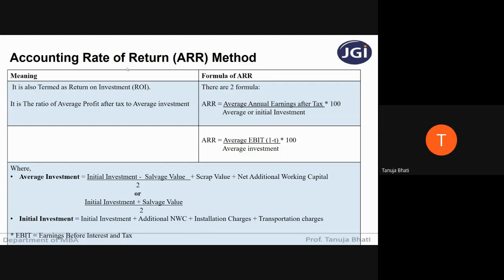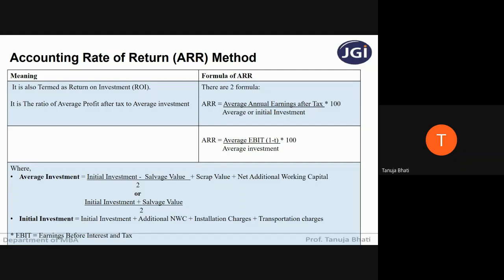Now, let us first understand the meaning. Accounting rate of return is also termed as return on investment. It is the ratio of average profit after tax to average investment. So in accounting rate of return, you will exactly know that after making an investment, what is the average earnings you're going to get after tax.